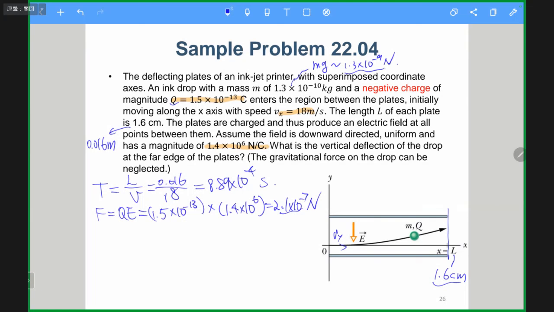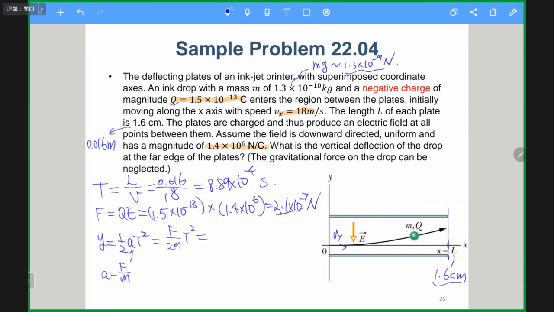Okay, so here y will be half of a t squared, which is something like high school physics, so I won't talk about it in detail. So one half a t squared, and then according to Newton's second law of motion, we have a equals F over m. So we have F over 2m times t squared. Okay, so we can plug in the numbers.